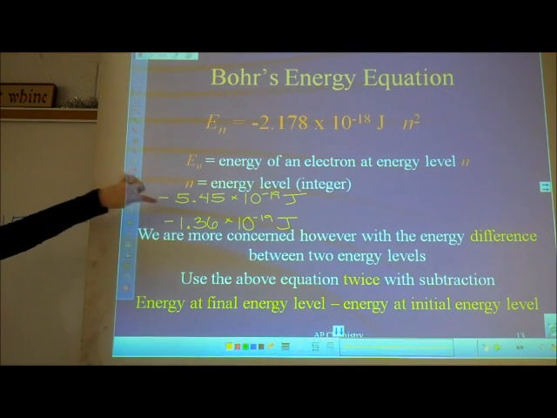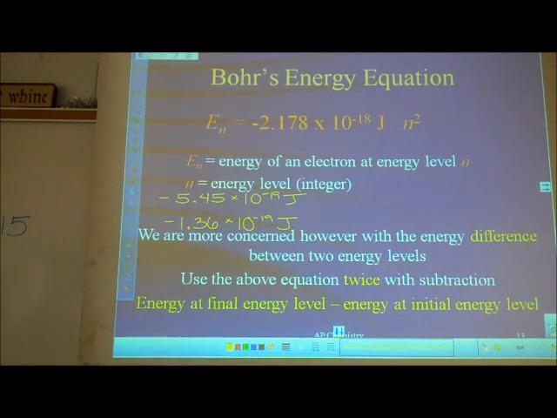Final minus initial. What do we get? Change in energy, I get this. Okay?